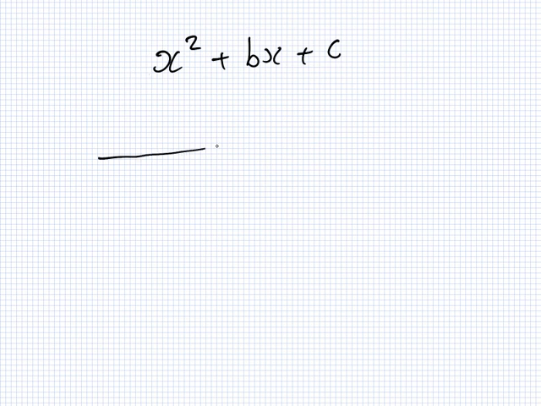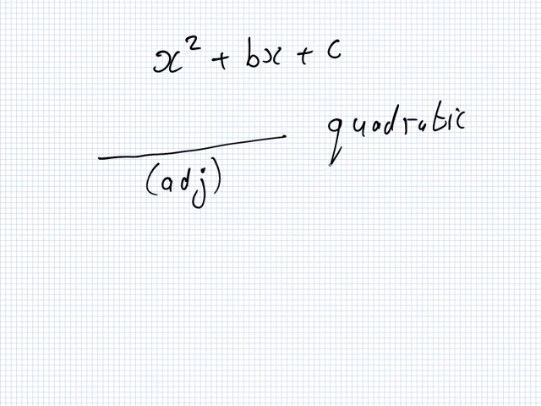So, another vocabulary check here. I wonder if anyone knows the adjective here that describes this quadratic when it starts with a 1. Think about any words or prefixes that mean 1.